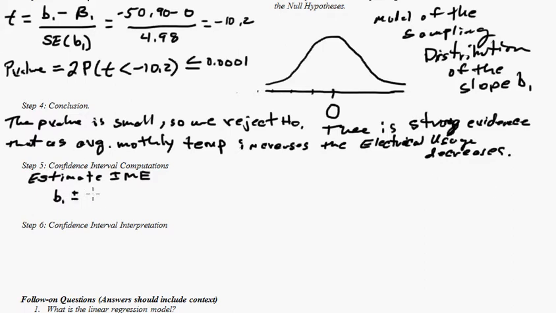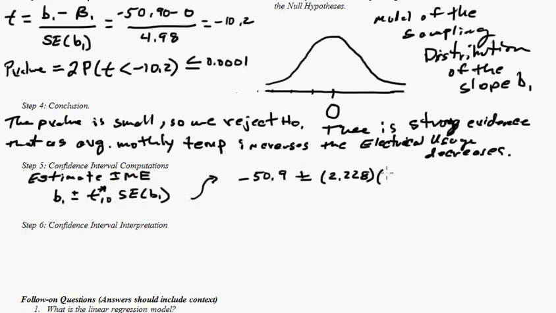So plus or minus t star of 10 times the standard error of the slope. That just becomes negative 50.9 plus or minus 2.228 times the standard error.